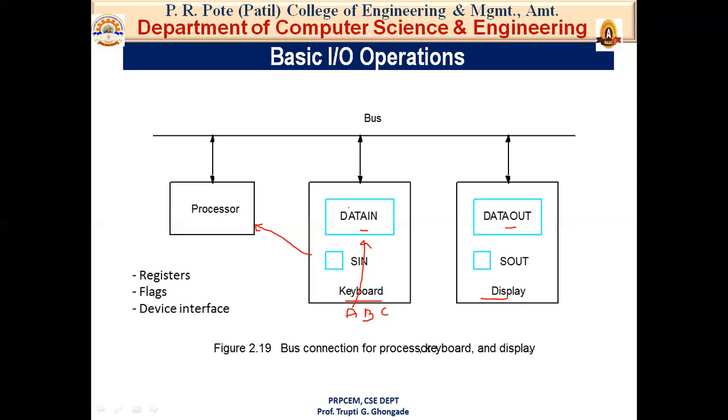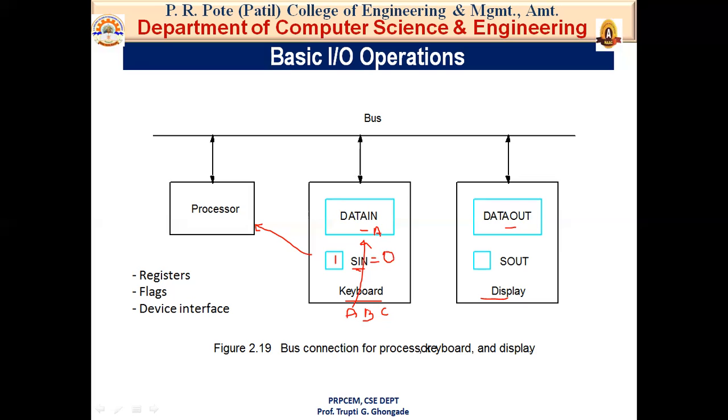Whenever data in gets a character, your S in, which is a flag register, is set to 1 whenever data enters the data in register. And the processor reads the contents of data in. That means the processor reads character A. After reading it, your S in, this flag register, will become 0.